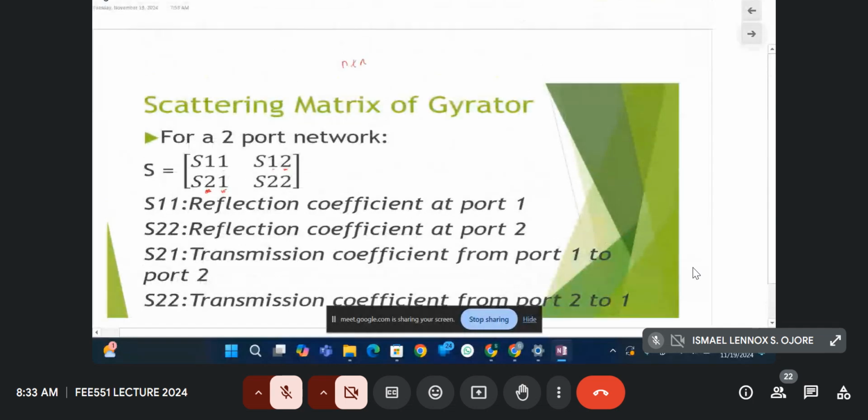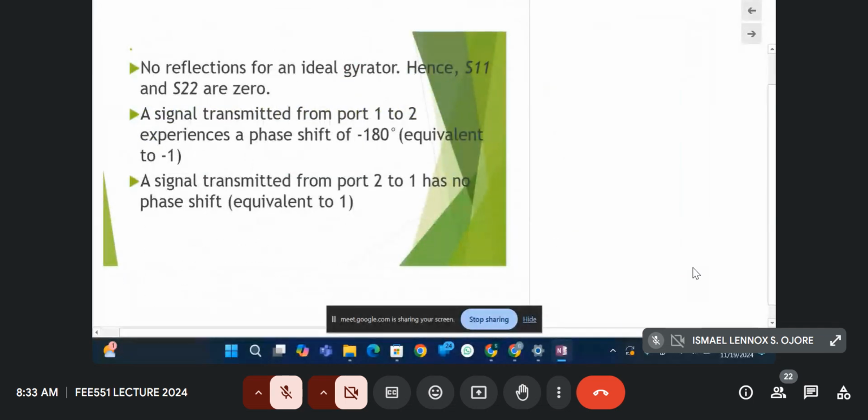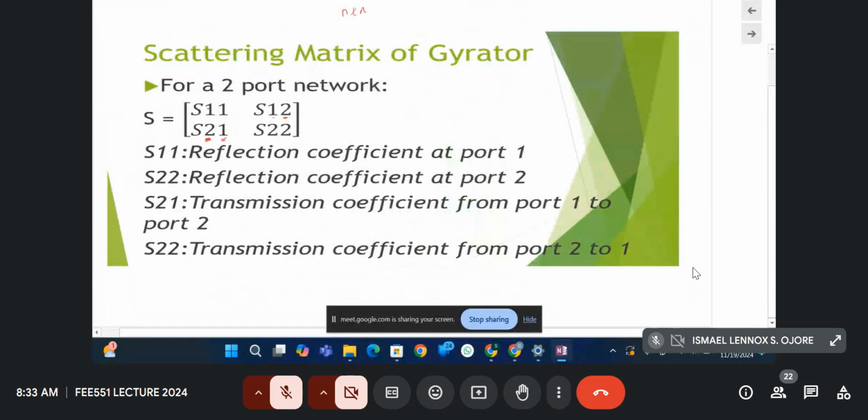In our case, we will assume that the gyrator is an ideal gyrator, so that S11 and S22 are 0, so no reflection. So this becomes 0 and 0. So our matrix now becomes 0, S12, S21, and 0.